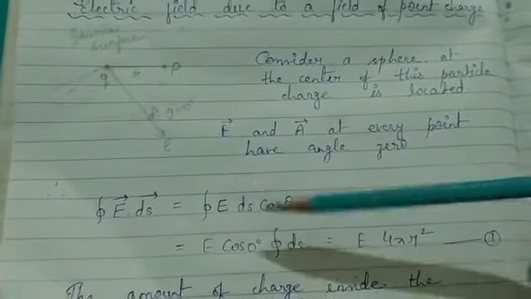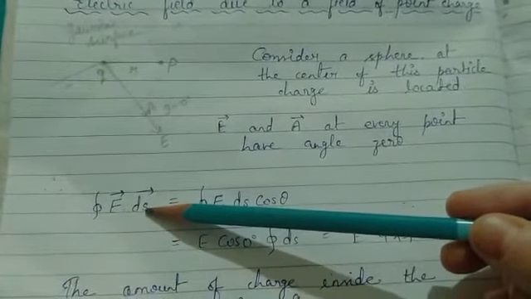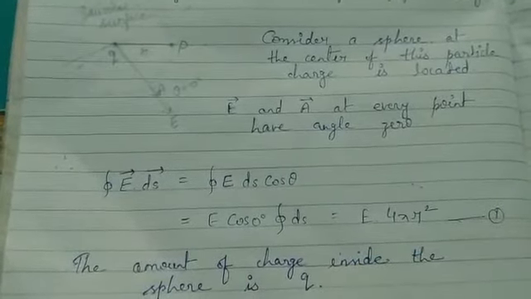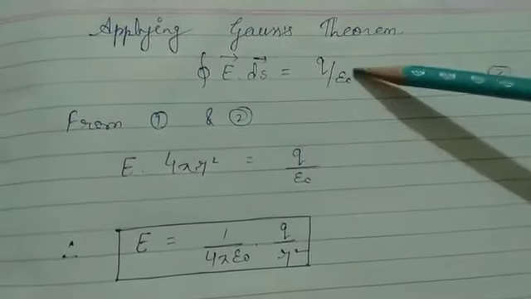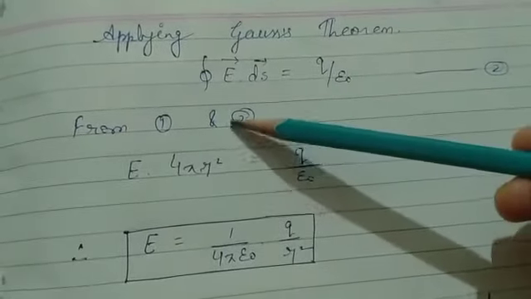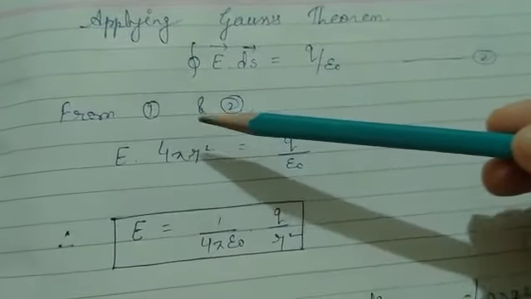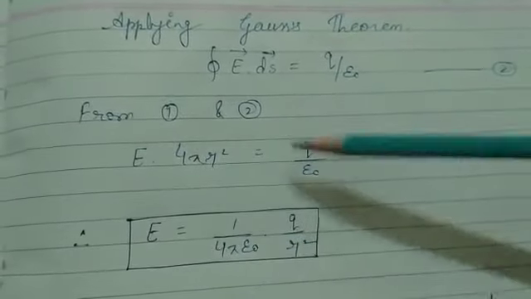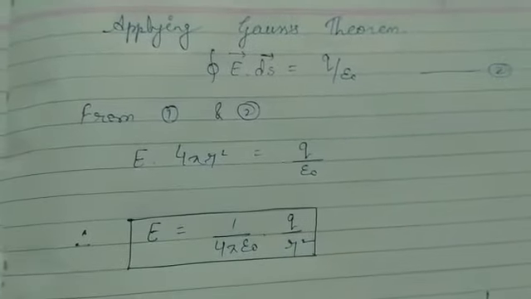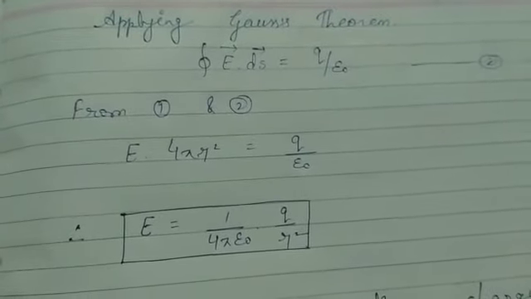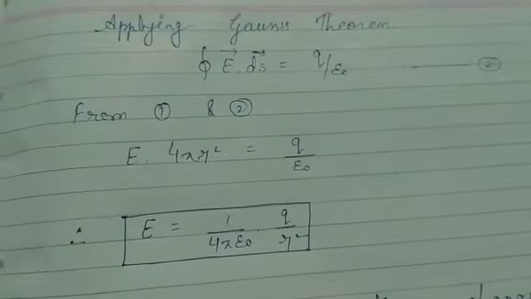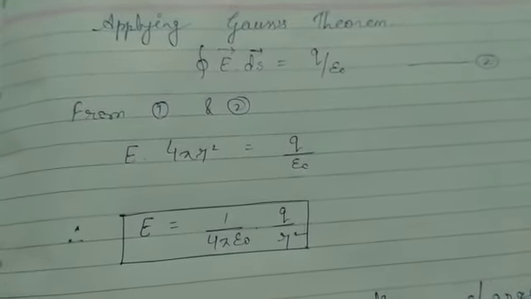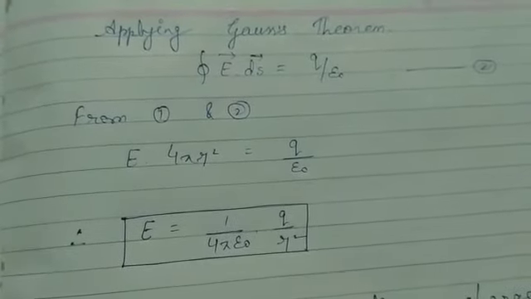In the second step, we find the value of E dot ds. In the third step, according to the charge, we put in Gauss's theorem, and then in the fourth step we equate equations 1 and 2. When we equate them and rearrange them, we will get the electric field. In the next lectures also we are going to derive the electric field by following these 4 steps. So these steps and Gauss's theorem, both you have to remember.